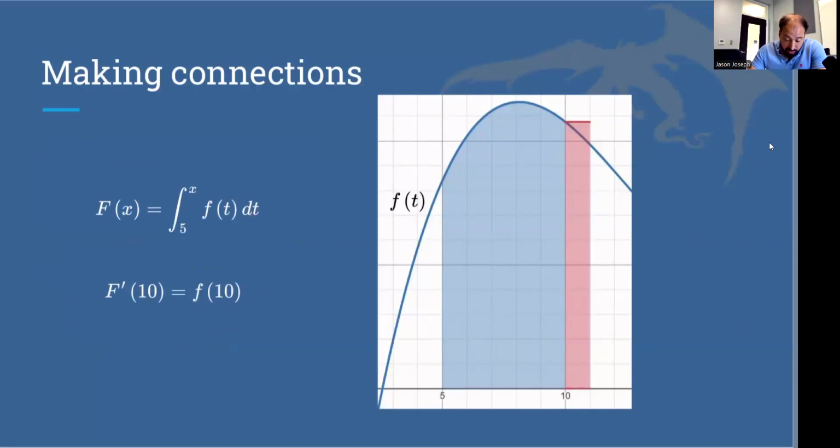So here's a picture of that. Here's my f of t. It's the same one as before. We're integrating from 5 until x. And then the rate of change at exactly 10 right here is equal to f of 10, right? So this value here is f of 10.